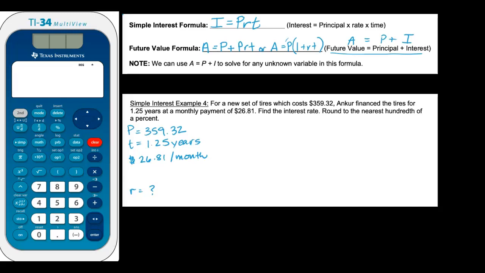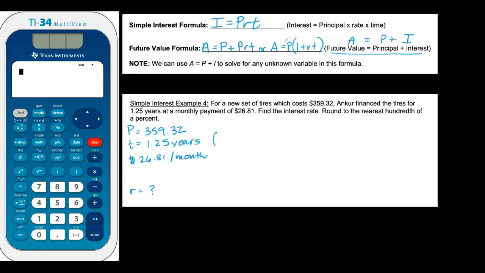What we can do is figure out the total that he ended up paying over the life of this loan for these tires, and then figure out how that differed from the initial principal to find that interest amount. If he had the loan for 1.25 years, let's figure out how many months that is. If we multiply 1.25 years by 12, we get the number of months.